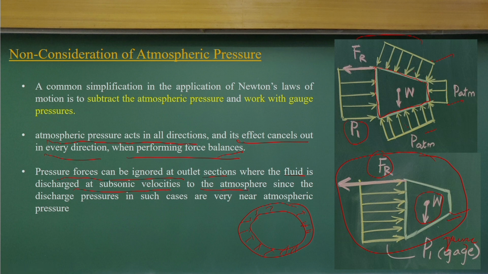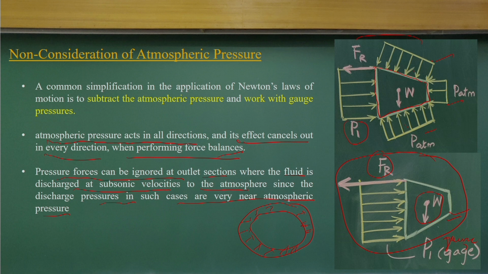Another assumption which is quite valid is that if you have a subsonic flow, which in civil engineering problems is almost always the case, not sonic or supersonic flow, then we generally neglect the pressure force, as the discharge pressure is very near to the atmospheric pressure.